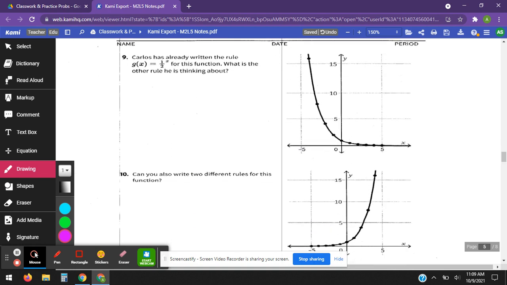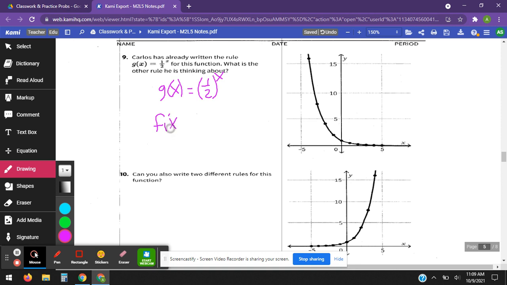All right, so Carlos has already written the rule for negative 1/2 to the x for this function. What is the other rule he is thinking about? So I'm just going to rewrite this. G of x equals, and I'm going to put the parentheses on here because technically we need to have the parentheses involved, otherwise it's 1 to the x, and that doesn't do anything.